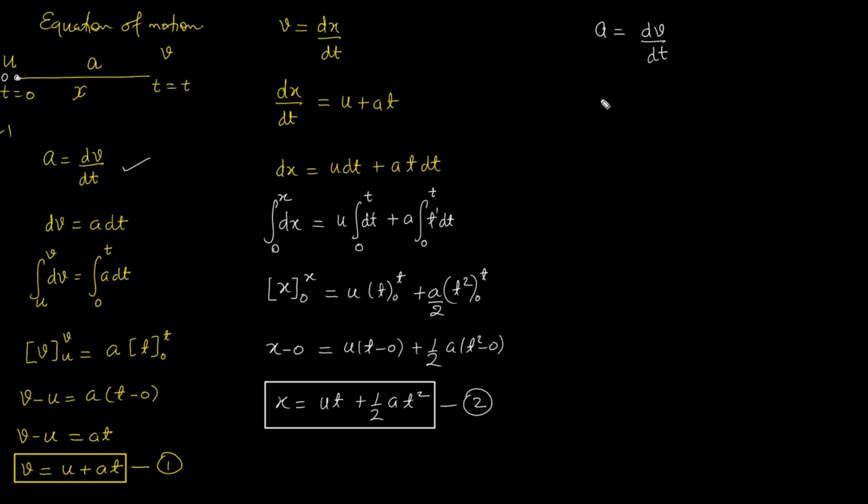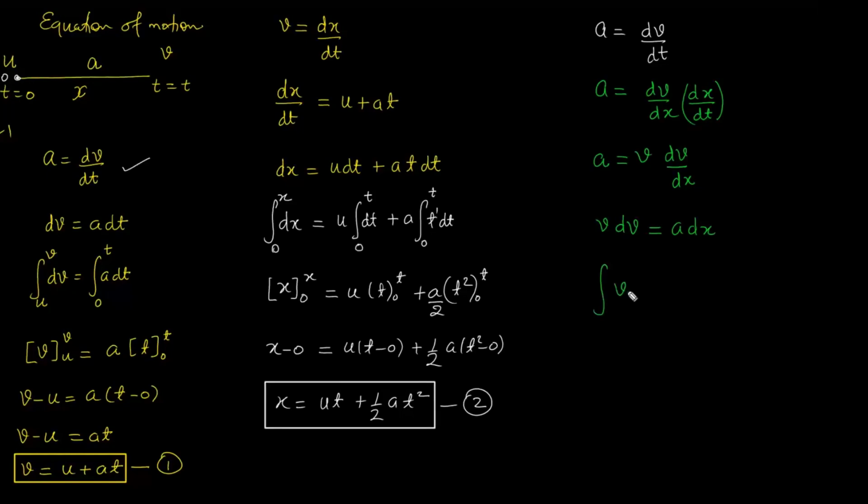So what we will do, we will multiply and divide this with dx. The purpose is to remove the dt. So it will become v dv by dx, that is acceleration. So v dv will be equal to a dx.